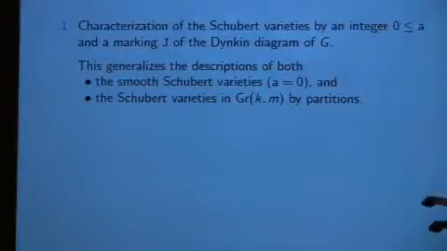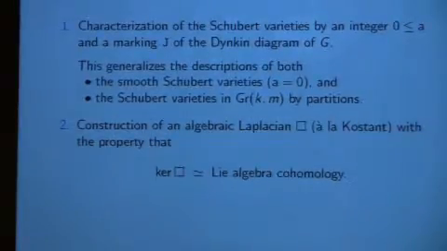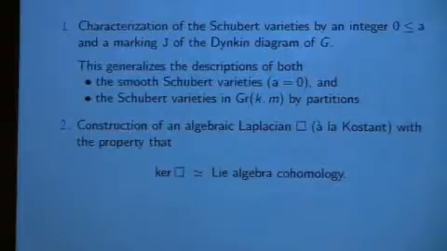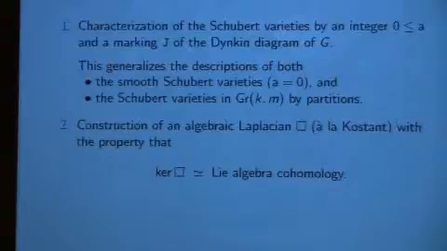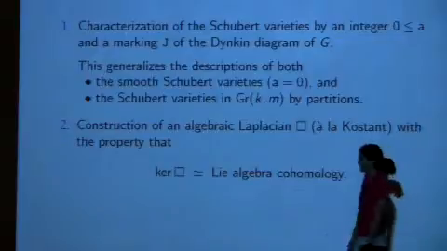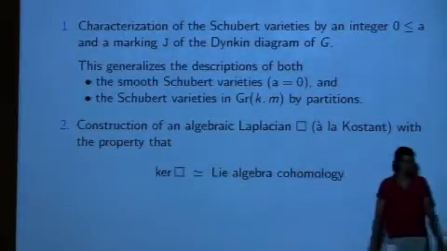Okay. And the second, so this is a nice solution. The second solution is a little less satisfactory because we don't have so beautiful a result as Kostant does in his description of Lie algebra cohomology. But the approach that Kostant takes to prove his result does work here. If you remember what he does, he defines an algebraic Laplacian and shows that, as a module for an appropriate group, the kernel of that Laplacian can be identified with the Lie algebra cohomology.